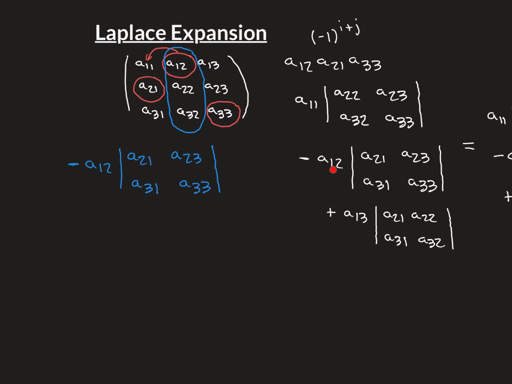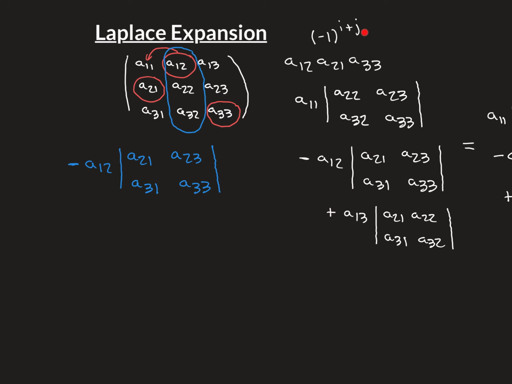For this one, you've got i and j are 1 and 2, so it's 3 here, so you've got minus 1 to the power of 3, that makes minus 1. For here, you've got 1 and 3, that makes 4, that makes minus 1 to the power of 4, which is 1 again. So in this case, we've got 1 and 2 here, so 1 plus 2 is going to give us 3, minus 1 to the 3. We need a minus sign in front of there.